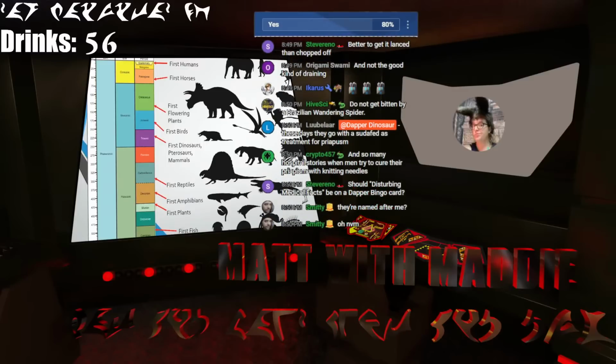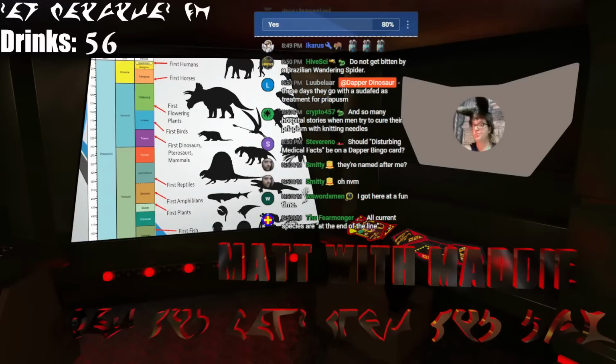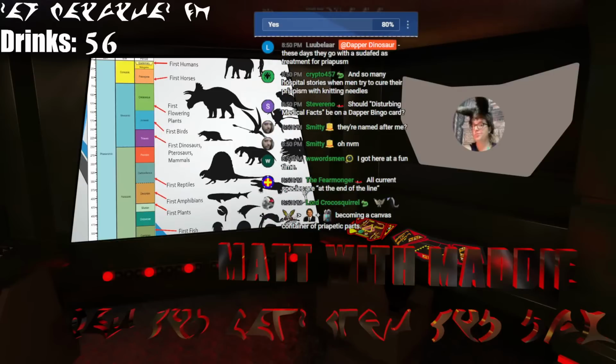All right, let's check this chart. I'm starting to get sad for this guy's education. Okay, first animals should be way lower. It should be way lower than the Ediacaran. That's not right. I know you guys can't see it because of the way I have it set up, but he has first animals as being like mid-Cambrian, which is no. First fish, the Cambrian.